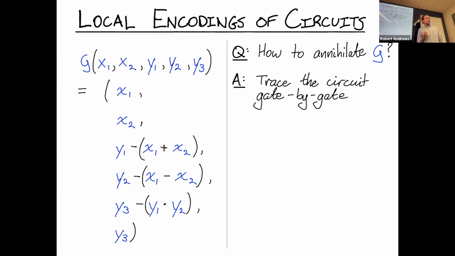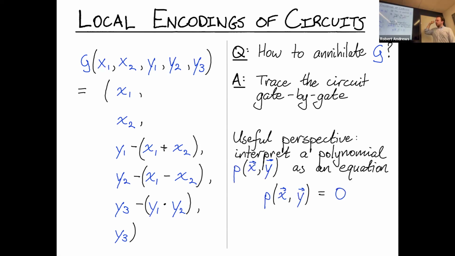We want to understand the annihilators in order to prove some kind of pseudorandomness property. So how would you annihilate this thing? One way you can do this is to trace the circuit gate by gate and simulate its evaluation. I'm going to show you how to annihilate this. If you're getting lost in the sea of algebra, just remember there's always an implied equals 0 on the right-hand side of a polynomial.